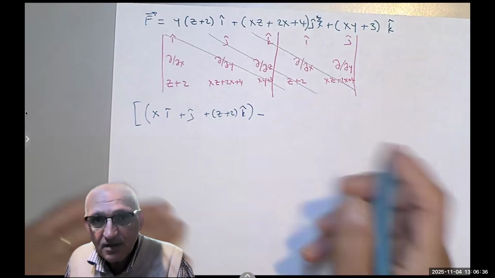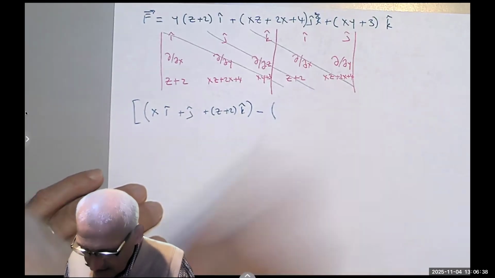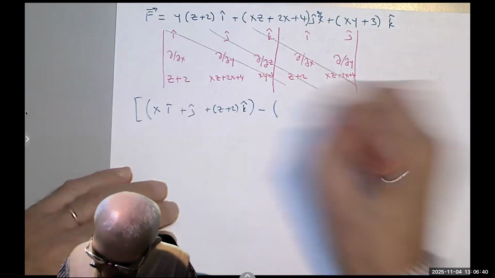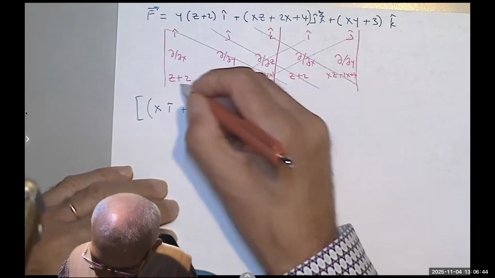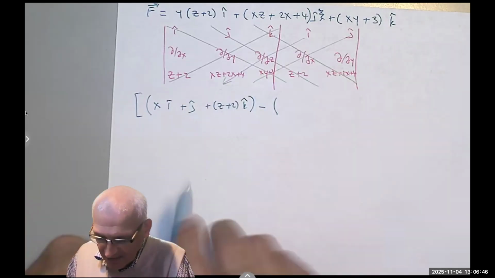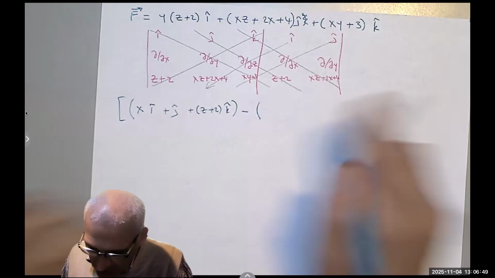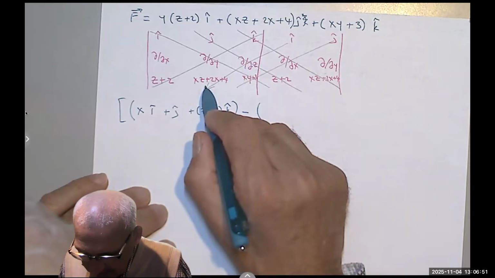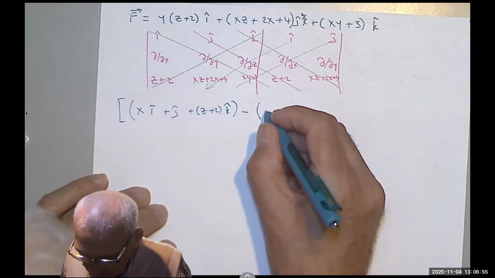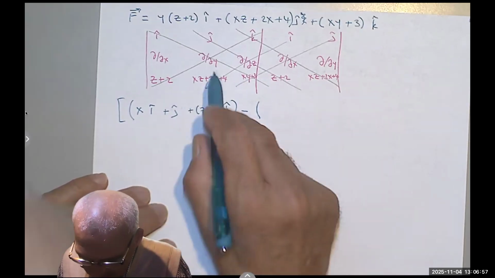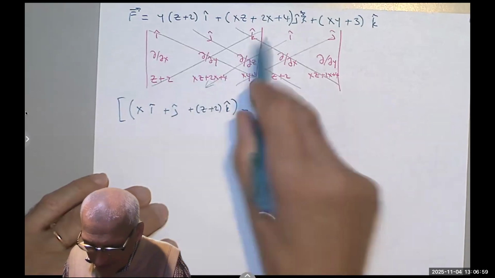And then I open the second pair of parentheses. And now I'm going to multiply these, and these, and subtract.